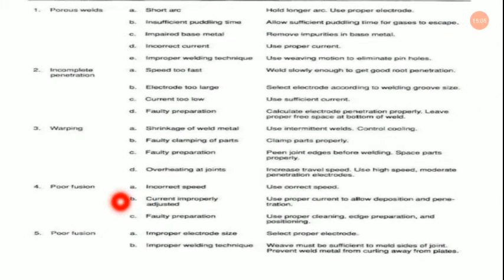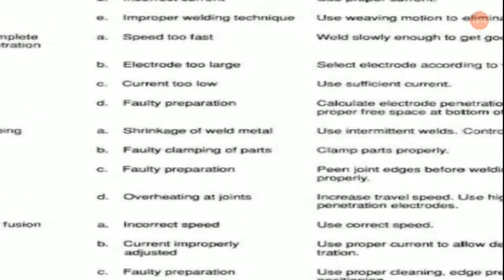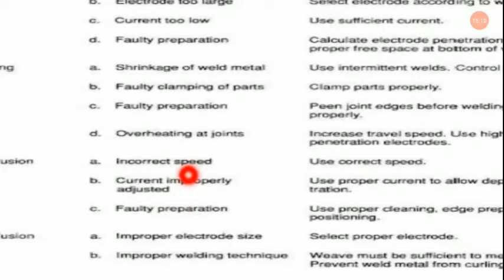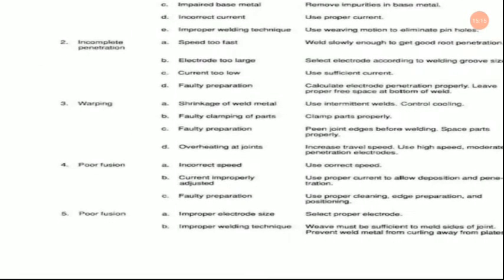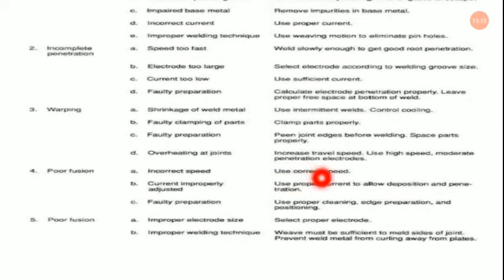Now, poor fusion. Probable causes are incorrect speed, current improperly adjusted, and faulty preparation. Remedy is to use correct speed, use proper current to allow deposition and penetration, and use proper cleaning, edge preparation and positioning.